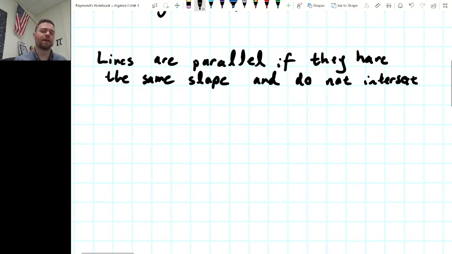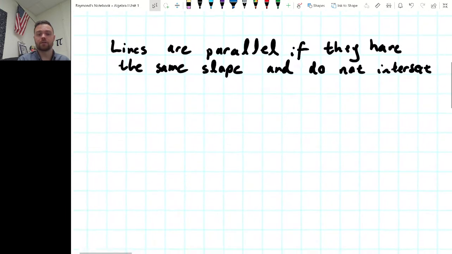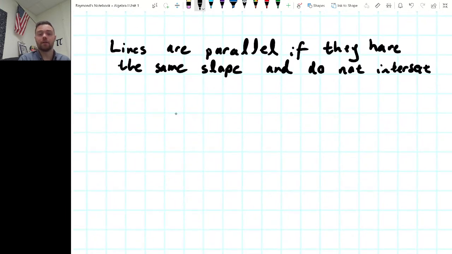So the only way that they're going to have the same slope and intersect is if they're the same line. So writing a line on top of one other line would constitute as having the same slope, but intersecting. So these lines, parallel lines, do not intersect.